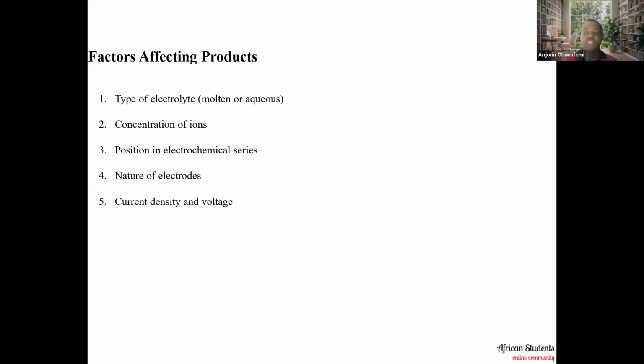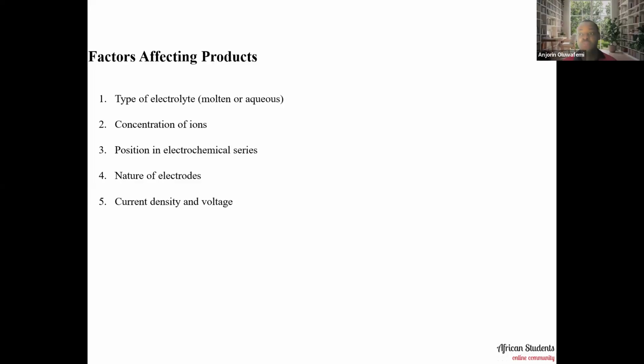The current density and the voltage running through the electrolyte or the electrolytic cell will determine the depositions or the product that will be formed at either of the electrodes, either the cathode or the anode. If the current density is too little, it does not facilitate, or it impacts the product one way or the other.